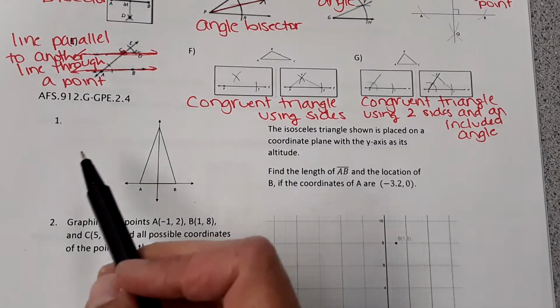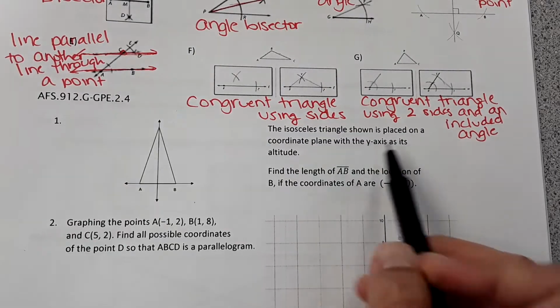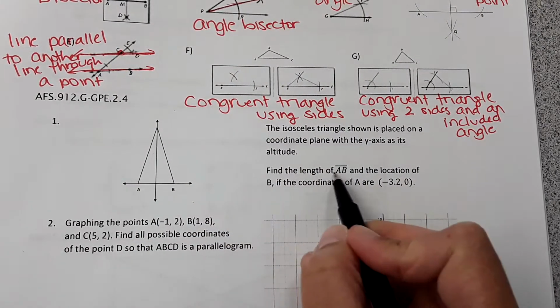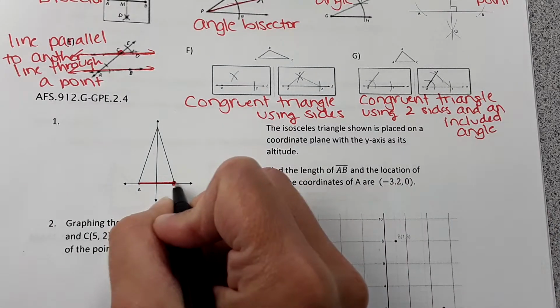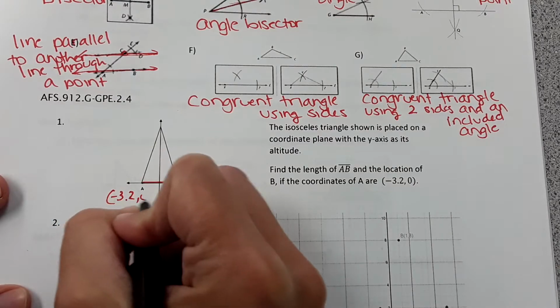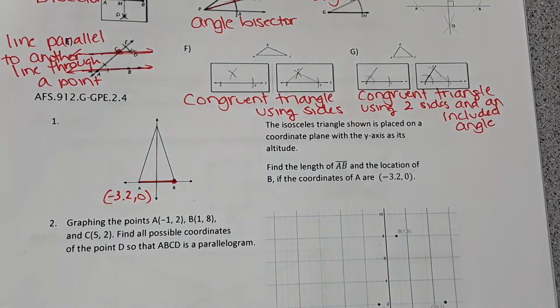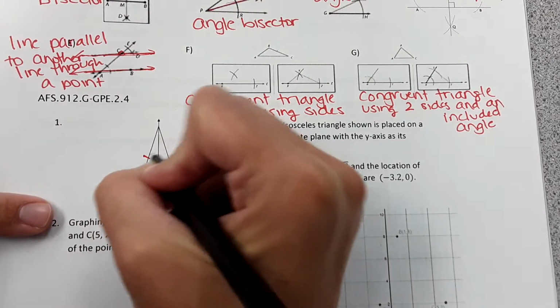Okay, so number one, it says the isosceles triangle shown is placed on a coordinate plane with the y-axis as its altitude. Find the length of AB, so this segment here, and the location of B if the coordinates of A are negative 3.2, 0. Okay, so it says it's isosceles.